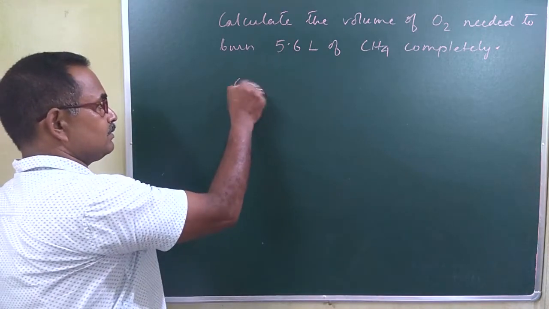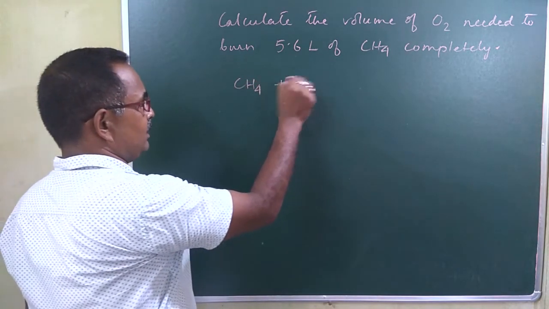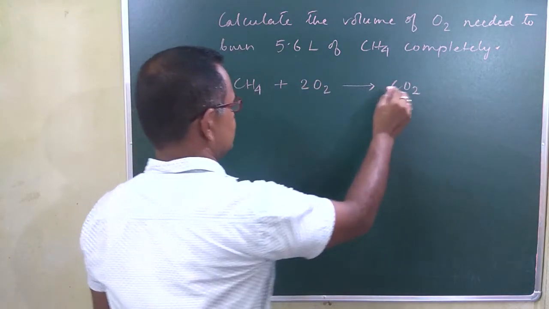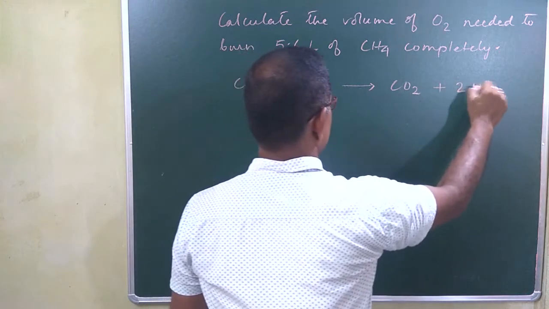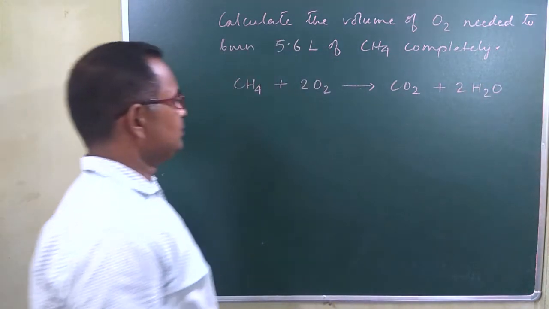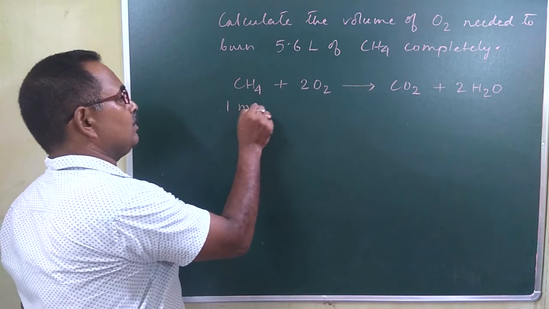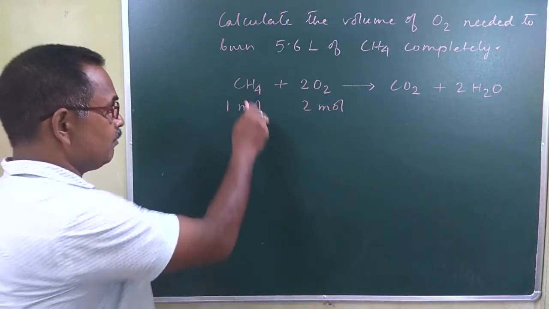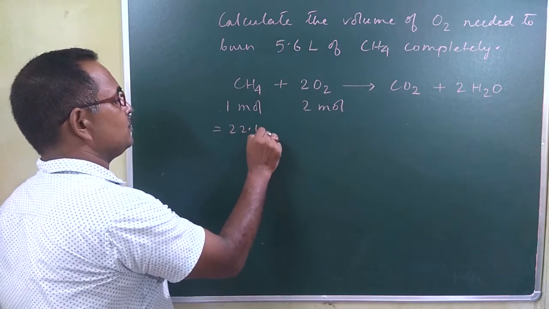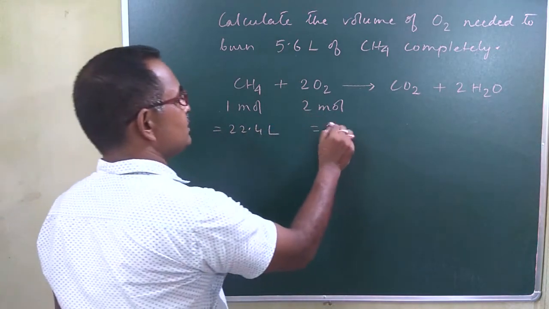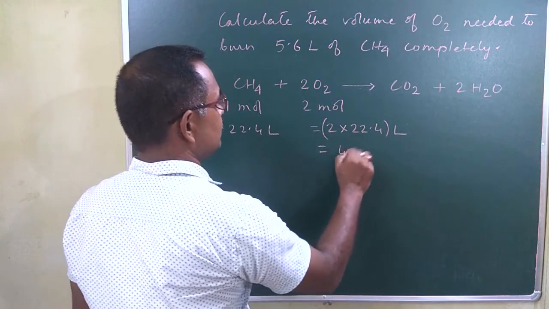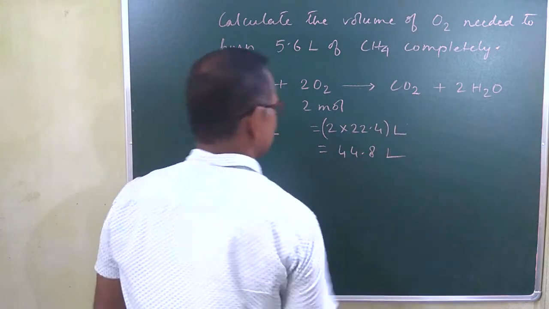Okay. So we make the equation: methane plus oxygen gives you carbon dioxide plus H2O. See, 1 mole methane needs 2 mole oxygen. 1 mole methane means 22.4 liter. 2 moles means 2 times 22.4 liter, that is 44.8 liter.